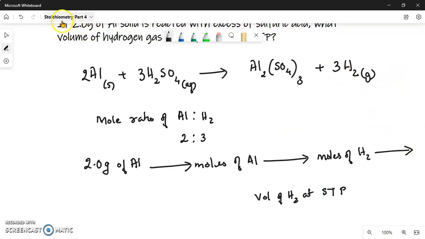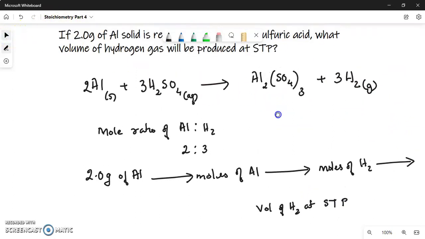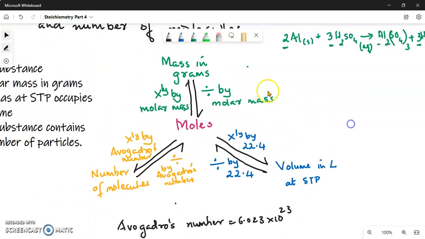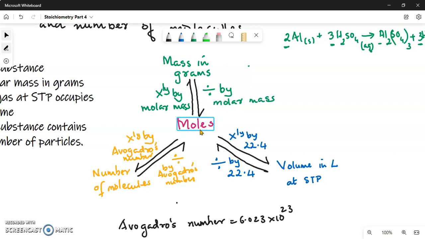Now, from the flowchart above, we can see that in order to convert the mass of aluminum to moles of aluminum, we have to divide by the molar mass and we will get the moles. So we have to divide 2 grams by the atomic mass of aluminum and you will get the moles of aluminum which you are using in the reaction. Then we have to use the molar ratio 2:3 to find the number of moles of hydrogen.